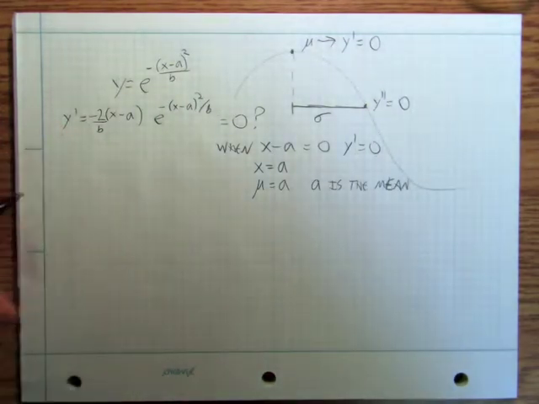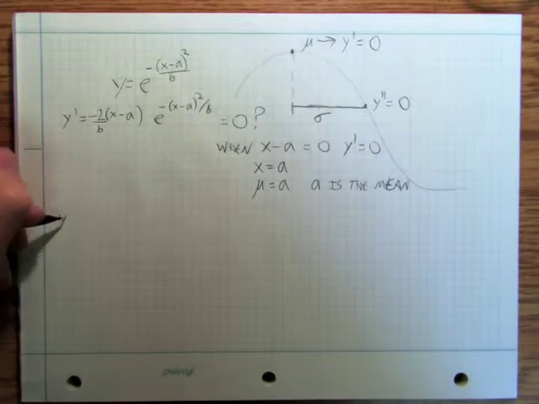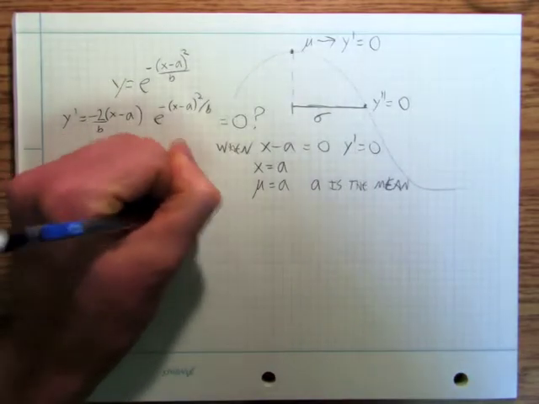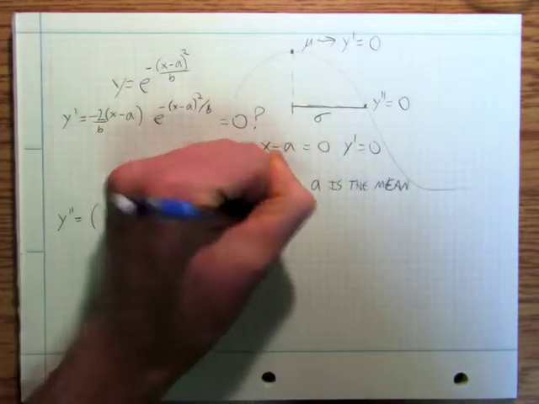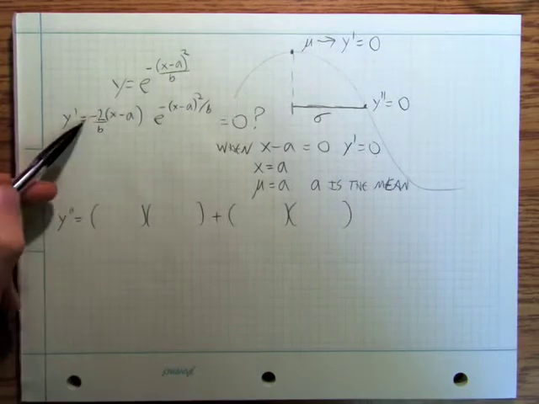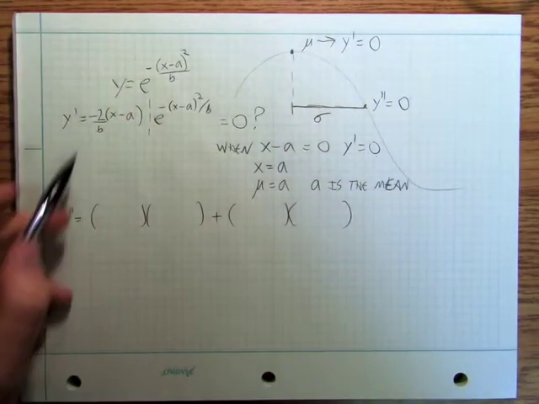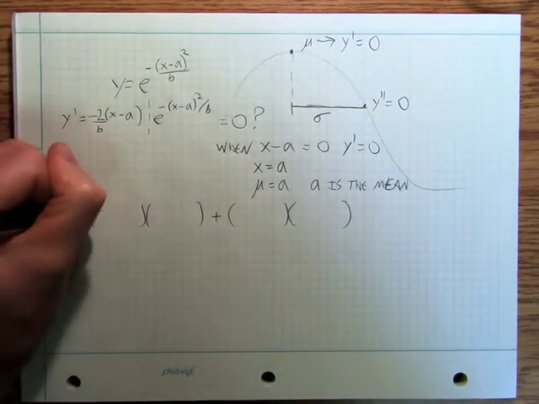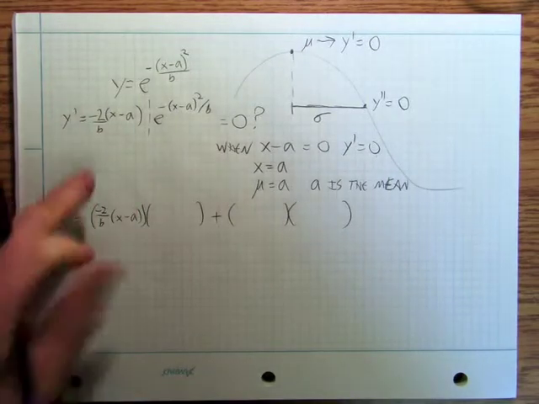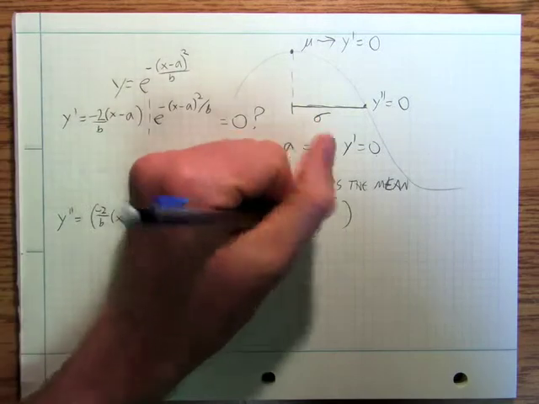Okay, let's keep going and find the second derivative. The second derivative is going to be a little bit tricky. This is going to be a chain rule product rule problem, and things are going to get messy, but we'll hang with it. Okay, so chain rule product rule: I'm going to take this and put it there.